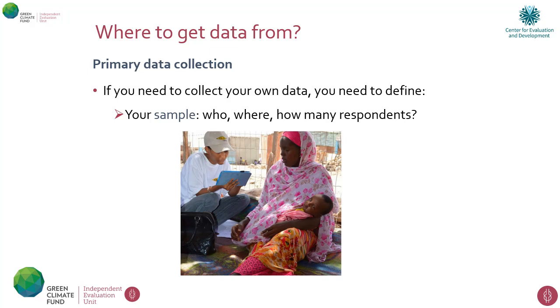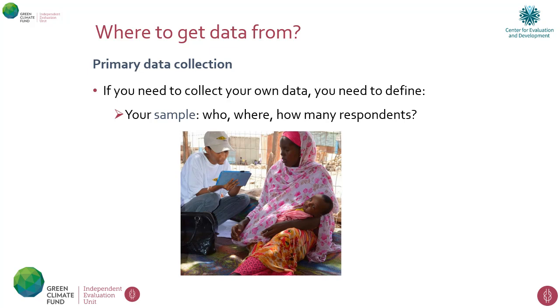You also need to define which type of data is the most suitable to your indicator, notably if it is quantitative or qualitative information. You also need to decide on the frequency and mode of data collection. For instance, are these going to be part of monitoring data collection or of a separate household survey?